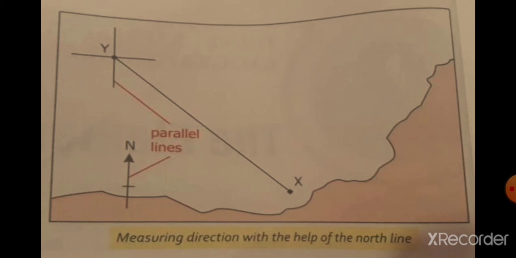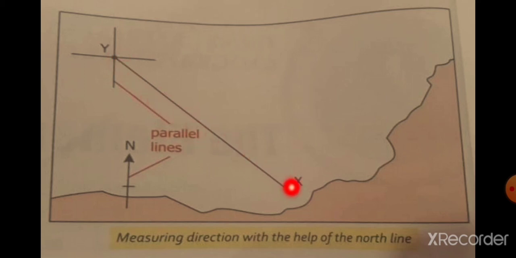Look at the 2 places marked X and Y. One place is marked here X and the other place is marked here Y in the diagram. Now we have to find the direction of X from Y. So what we have to do is join the 2 points. So Y is a point and I'm joining this Y to X. I've drawn a straight line from the Y point to the X point.